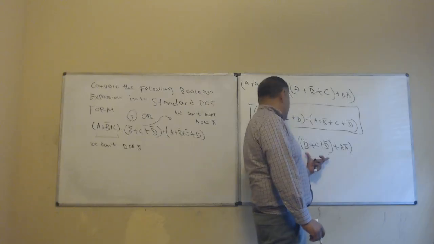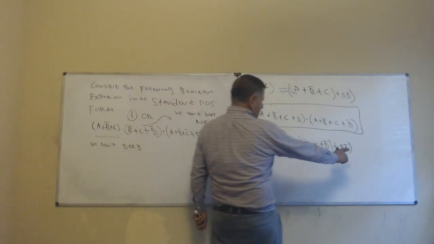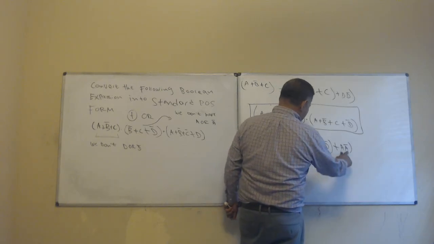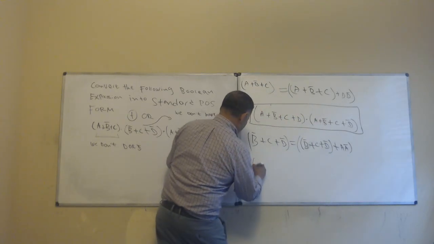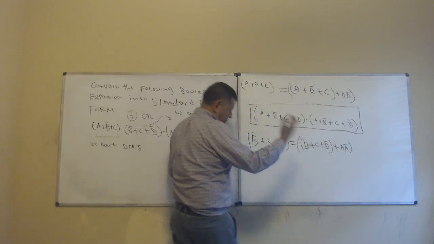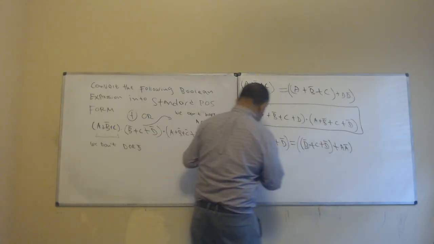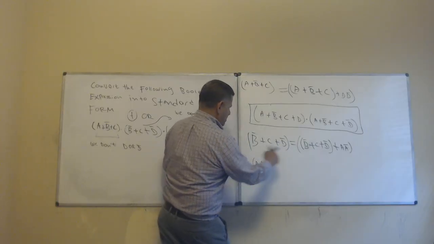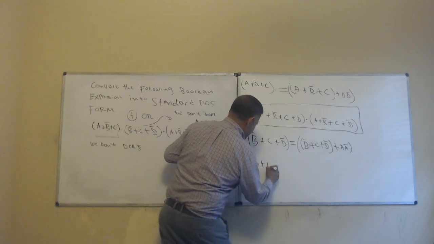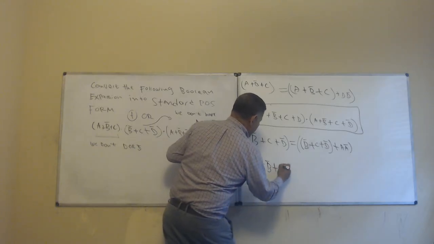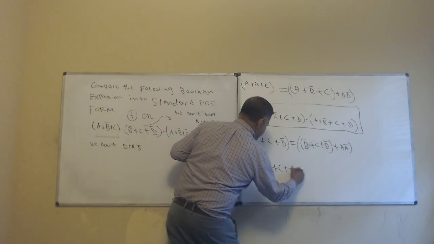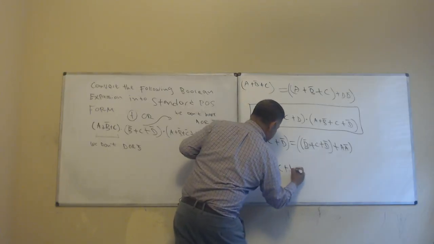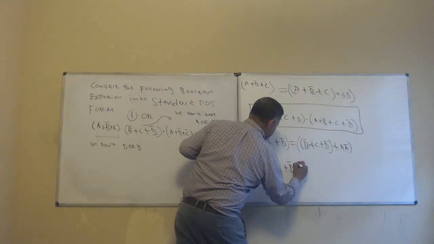Make a copy of that, and add one A to this one and another A to the other one, right? So we do now alphabetical order. We'll put the A first. So we have A plus not B plus C plus not D, plus not A, right?